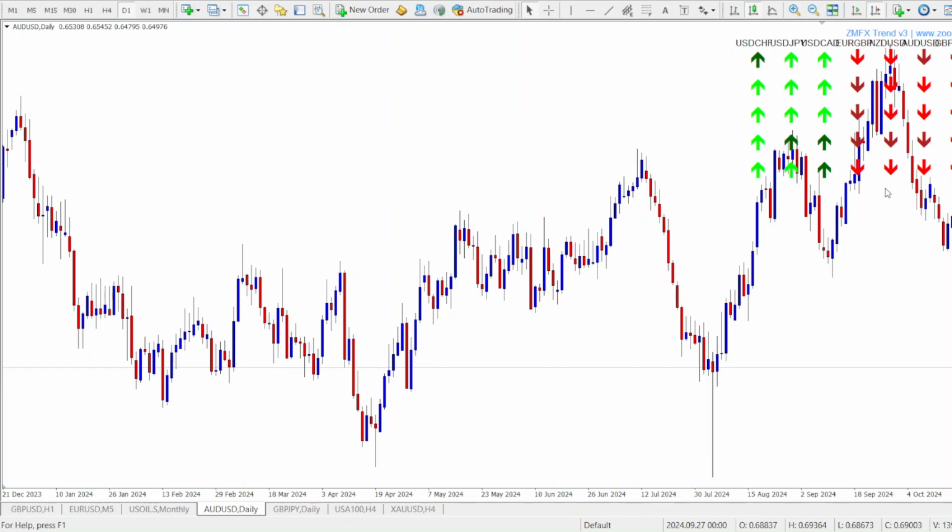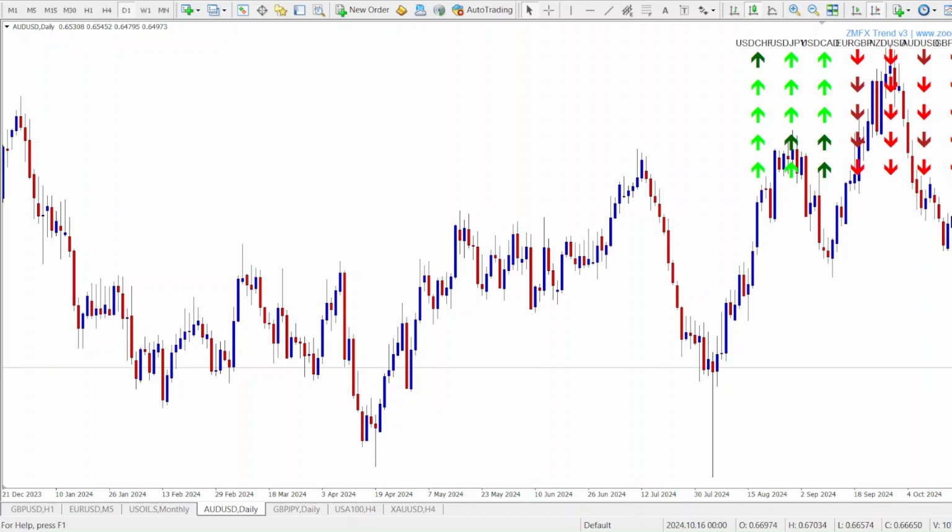So how it works is that when you load the indicator on your chart, immediately you get signals for these 8 currency pairs, and it tells you what each of these indicators are saying. Is it a bullish trend or is it a bearish trend? When you have a dark green color like this, it shows that you have a simple bullish signal.